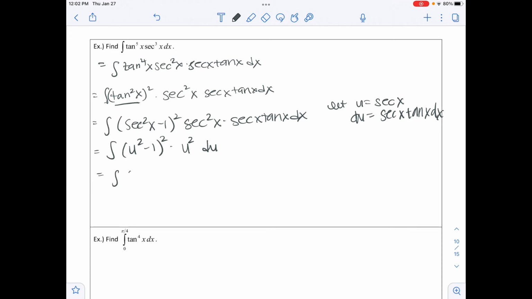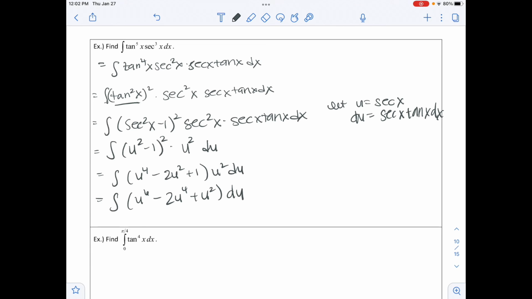Multiplying these out, we get u to the 4th minus 2u squared plus 1 times u squared du, and then distributing through that u squared, we get the integral of u to the 6th minus 2u to the 4th plus u squared du.